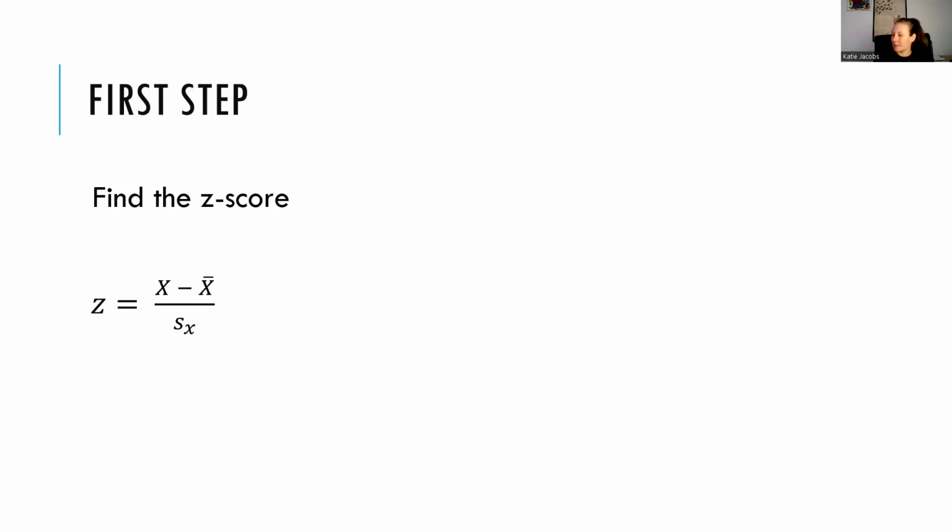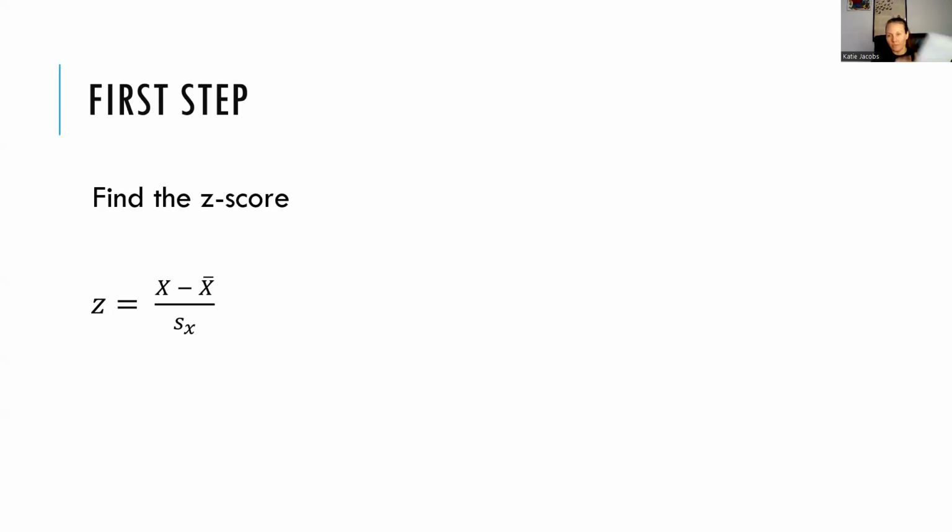So look through this and think about what information in this problem is vital for us solving it. All right, so if you said, well, we are looking for a z-score associated with a score of 115 or higher, so our x is going to be 115, minus our mean, which we know is 100 from that problem, divided by the standard deviation, which we know is 15.